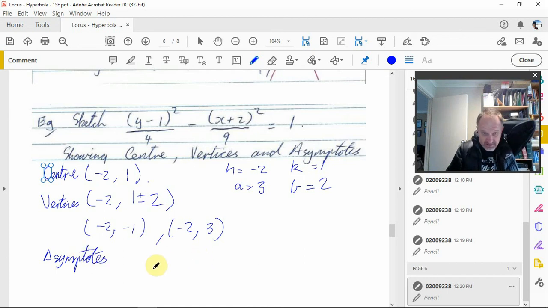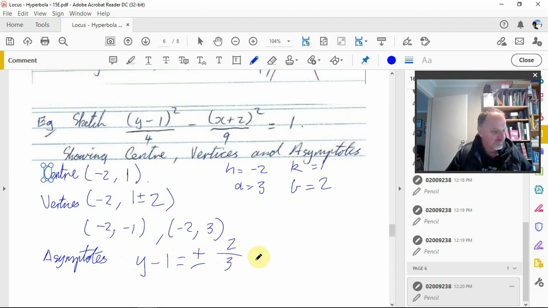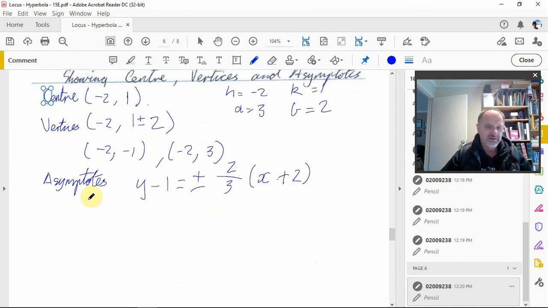All right, so they're still in the same position. So it's y minus 1 equals plus or minus b on a, so 2/3 of x minus -2, so x plus 2. All right, and so you can then rearrange those.